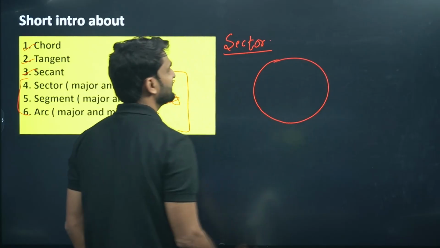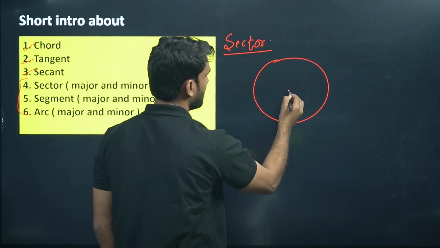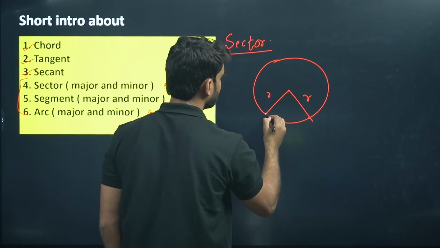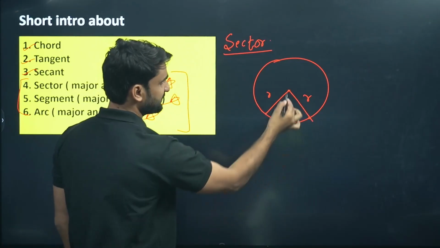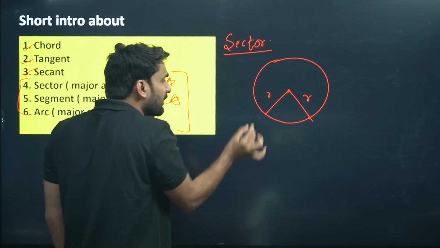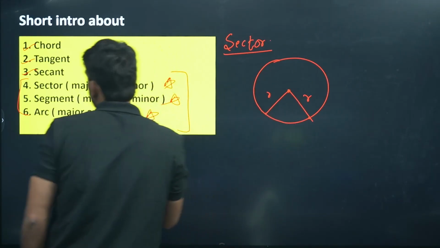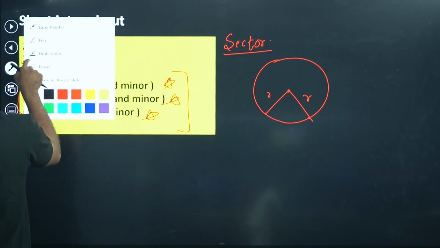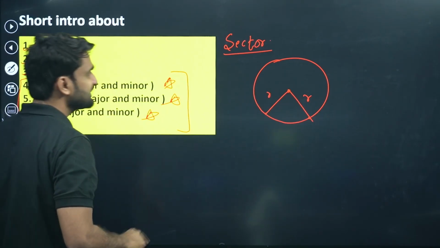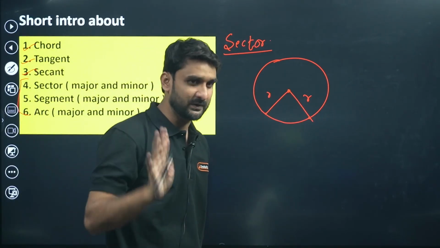Let's say this is a circle here, and we have just drawn 2 radii here. This is the circle, this is the fixed point, the center. On drawing 2 radii in the circle, we can observe that the circle is divided into 2 parts.